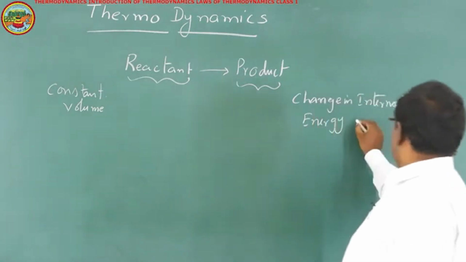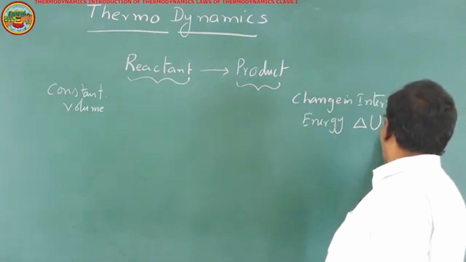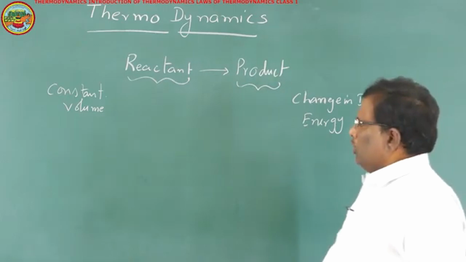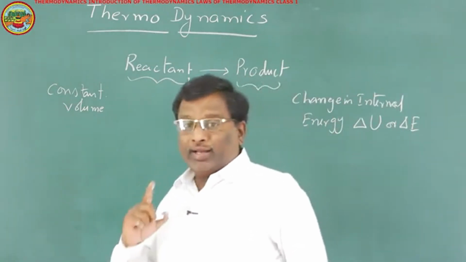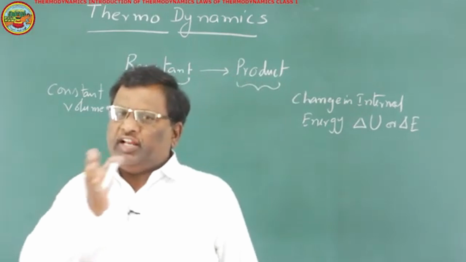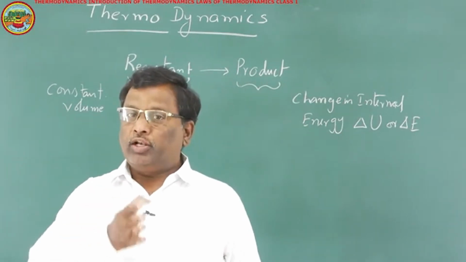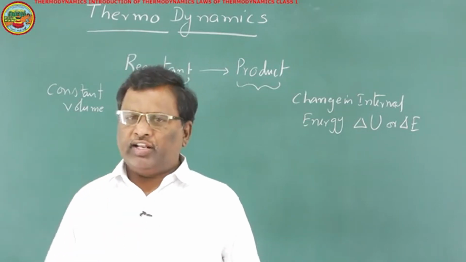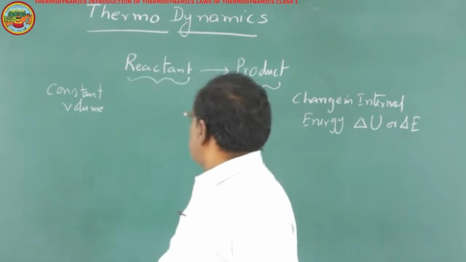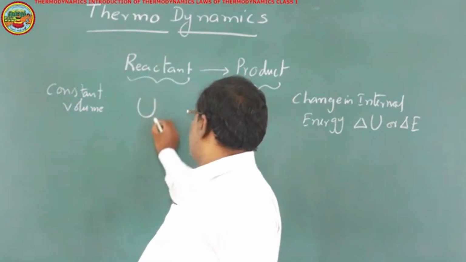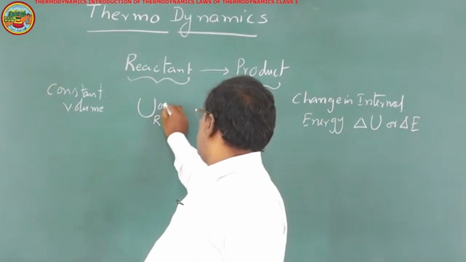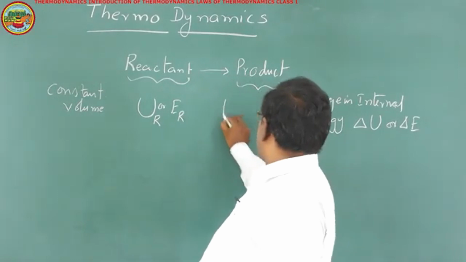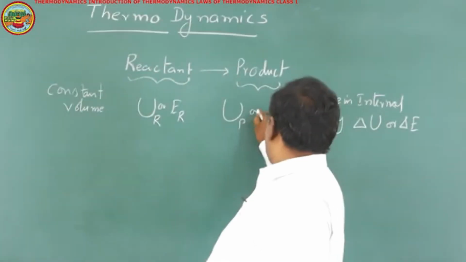It can be denoted with delta U or delta E. Reactants will have a certain amount of internal energy, denoted with UR or ER, and products will also have a certain internal energy, UP or EP.